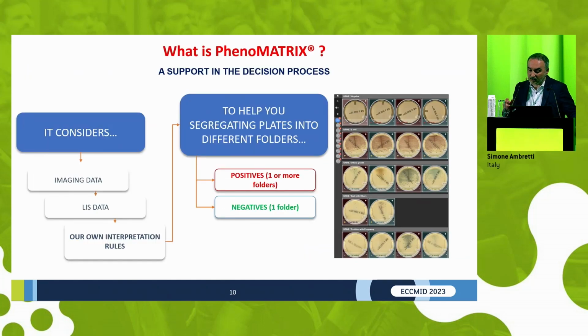What is Phenomatrix? It is much more than an image analysis application. It's a real artificial intelligence application able to combine different types of data.